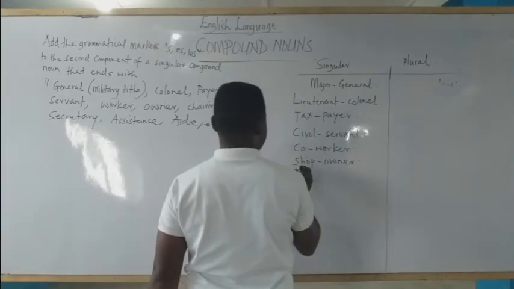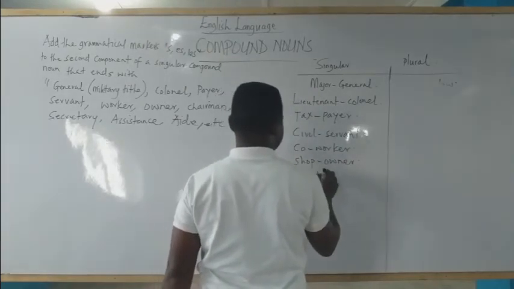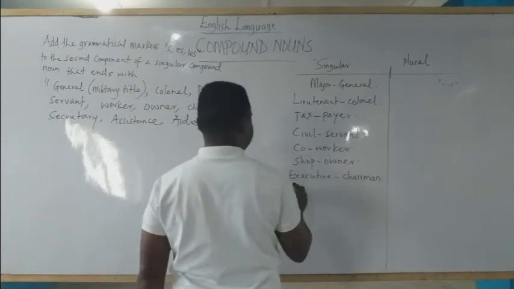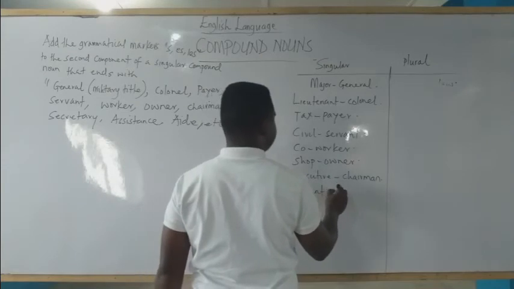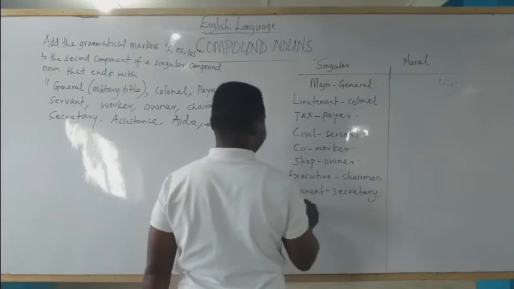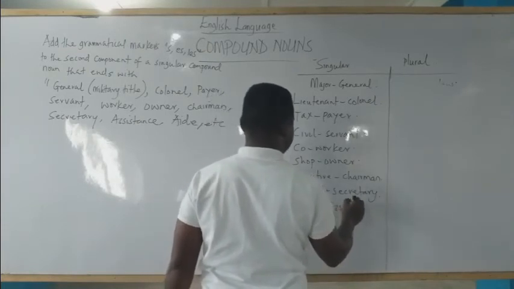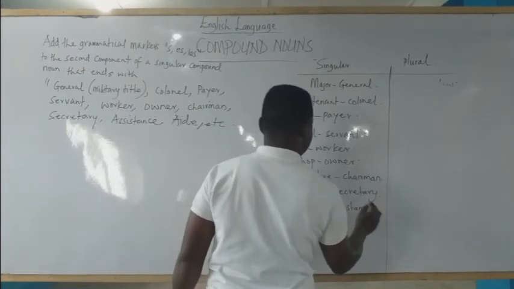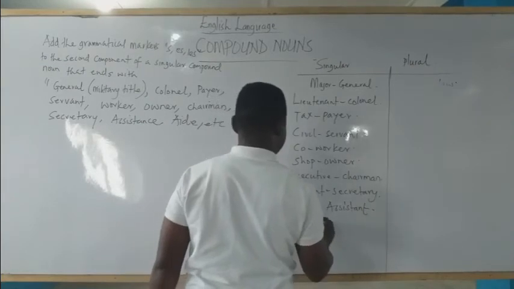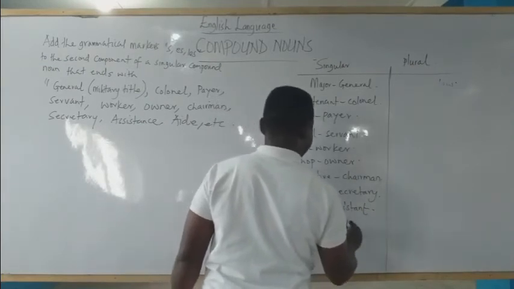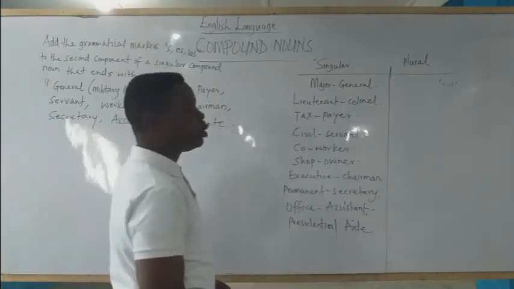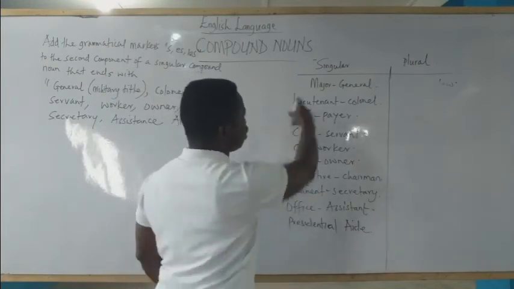We have executive chairman. We have a permanent secretary. I have an office assistant. I have a presidential aide. These are examples of words that end with those written on the board.